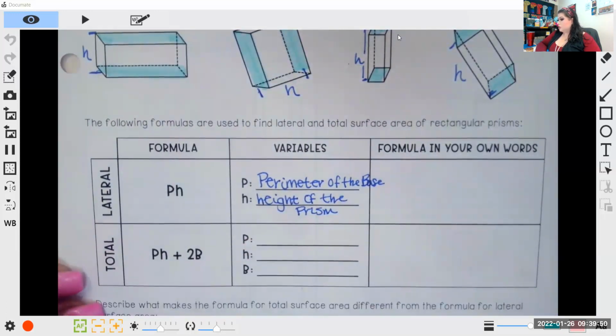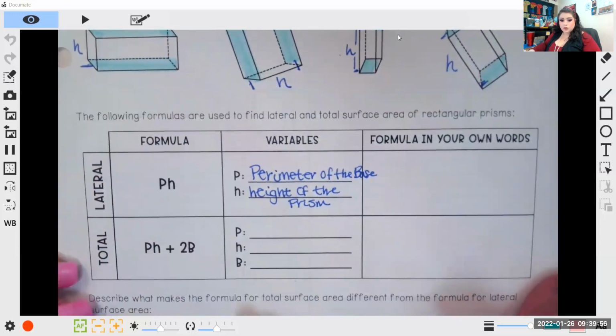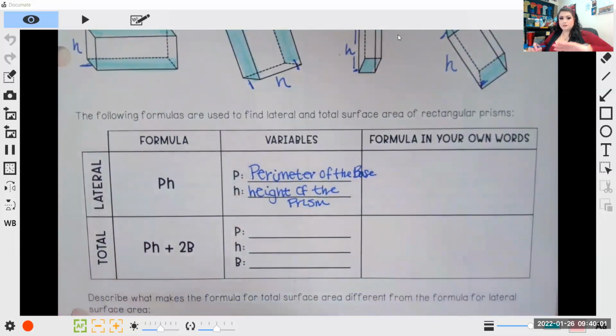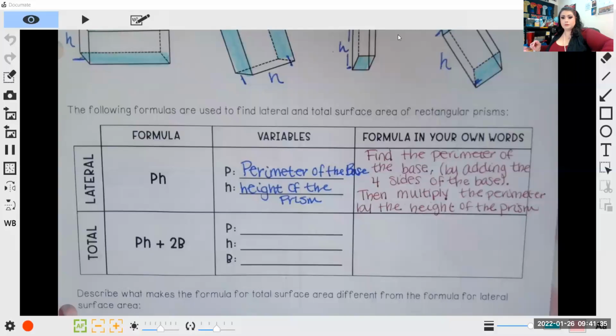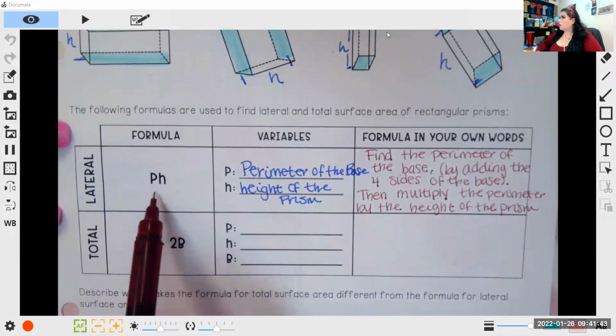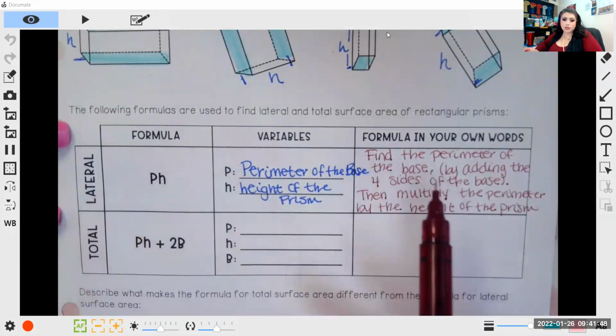Okay, so formula in your own words. Take a moment, put the formula into your own words, and then you can compare to mine. All right, so in my words, from looking at the formula, when two variables are side by side, this is multiplication.